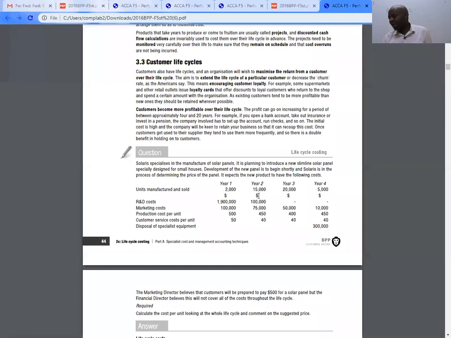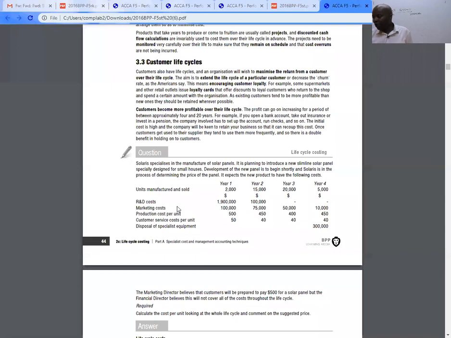So 1.9 million plus 100,000. Could you kindly give me that answer? So we have here research and development, this amount, 2 million Kenya shillings. I hope you're able to see where I've gotten the 2 million from.